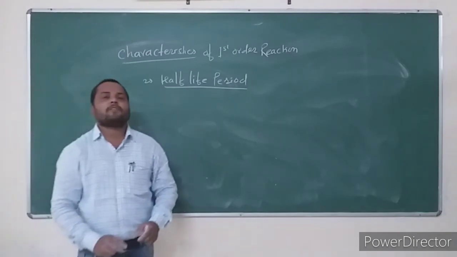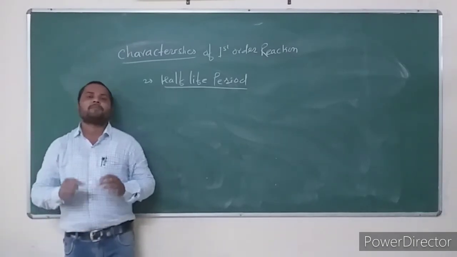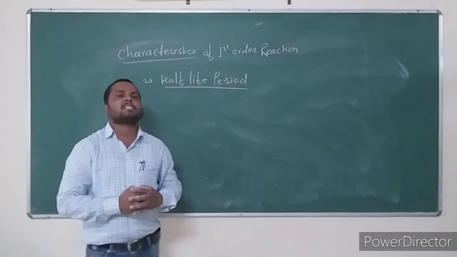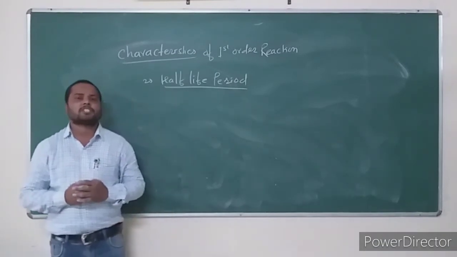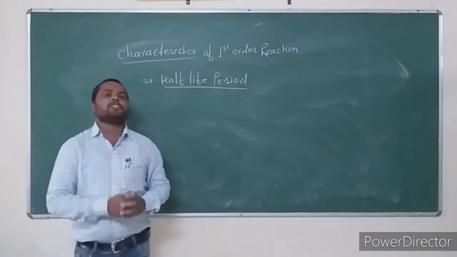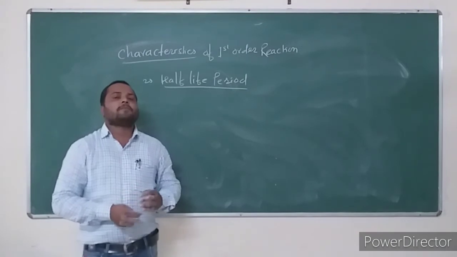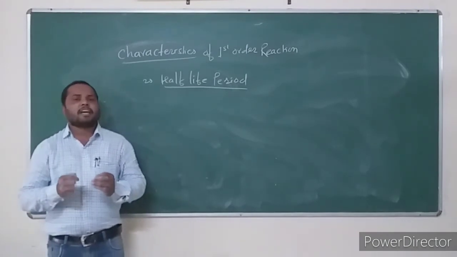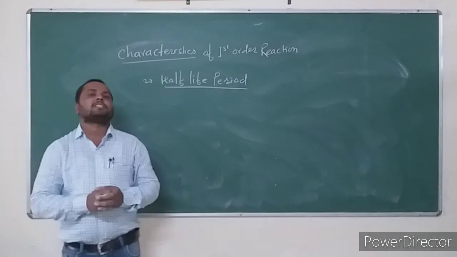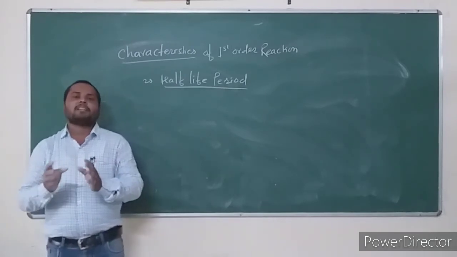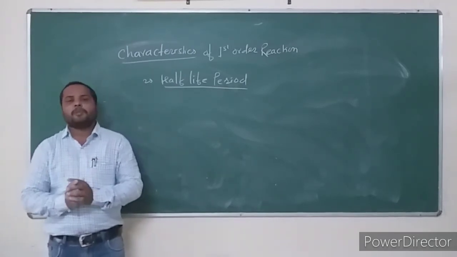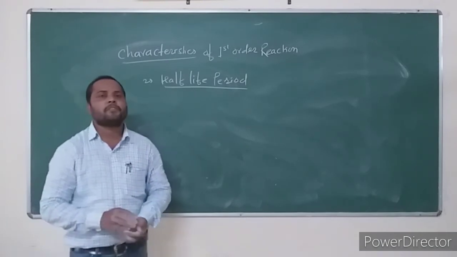The time required for completion of 50% of reaction is known as the half-life period of reaction, or the time at which 50% of the initial reactant is reacted and 50% reactant is left behind unreacted. This time is known as the half-life period.